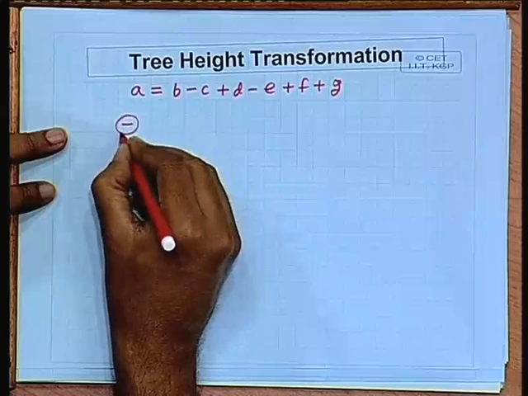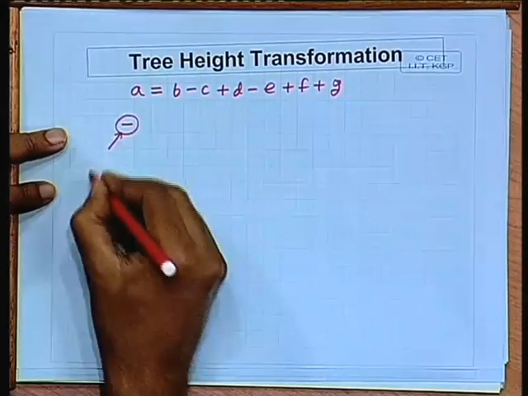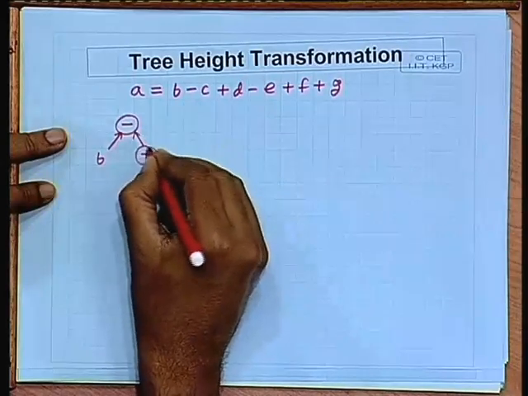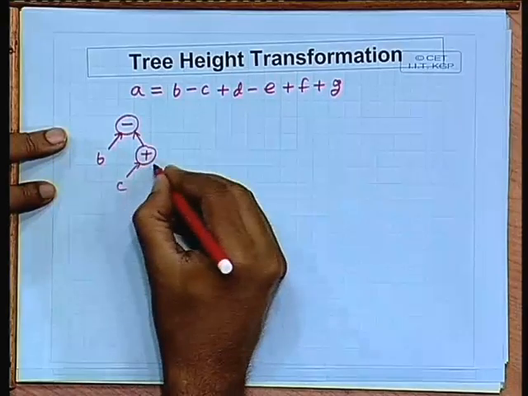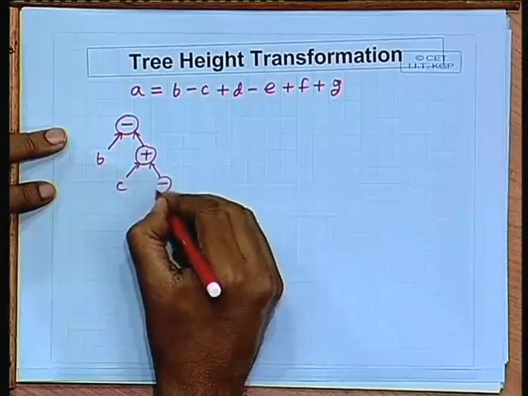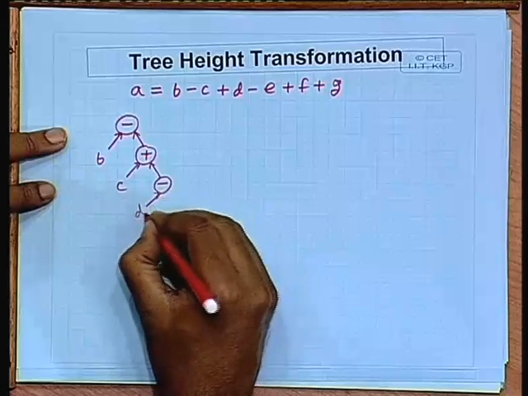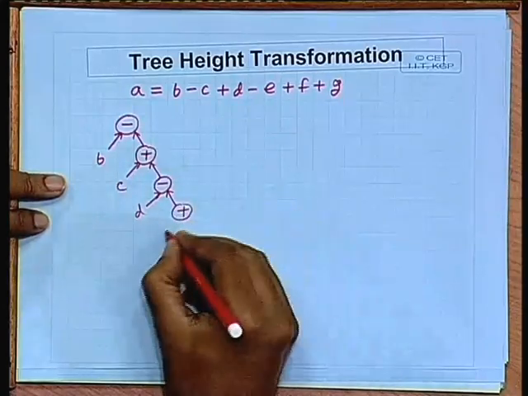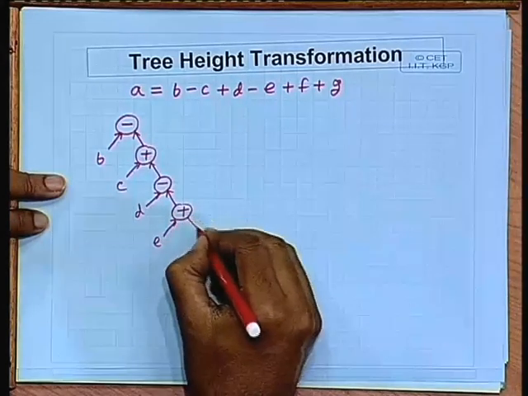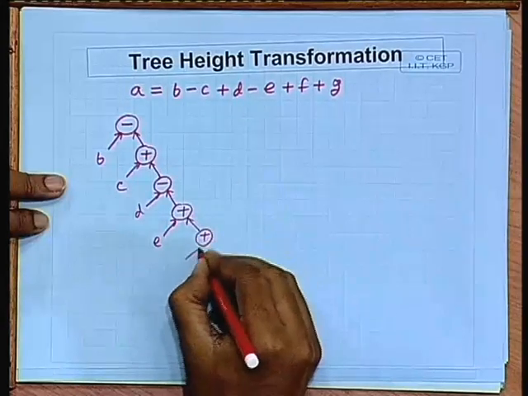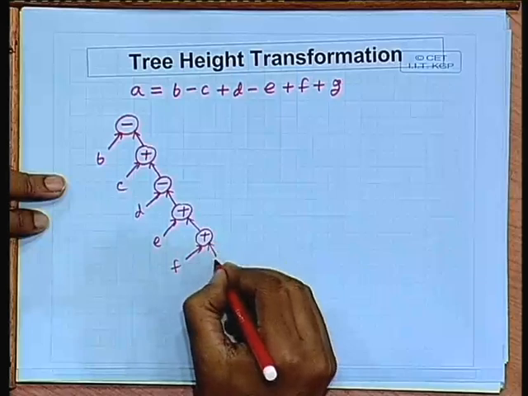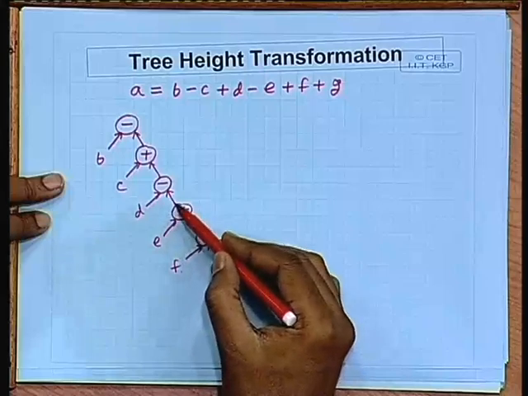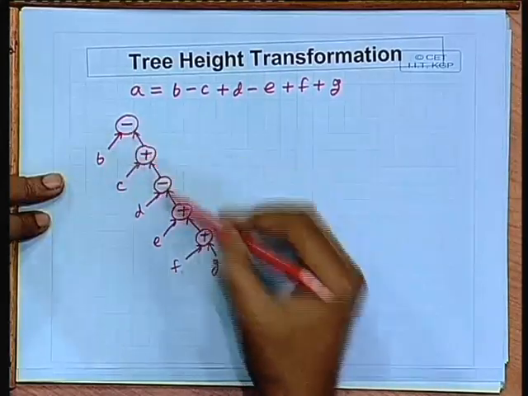Subtraction, I am showing in the reverse order, okay. B, addition, then C, again subtraction, D, again addition, E, another adder, F and G. So, in this way the computations are carried out: F plus G plus E, D minus this, C plus this, B minus this.